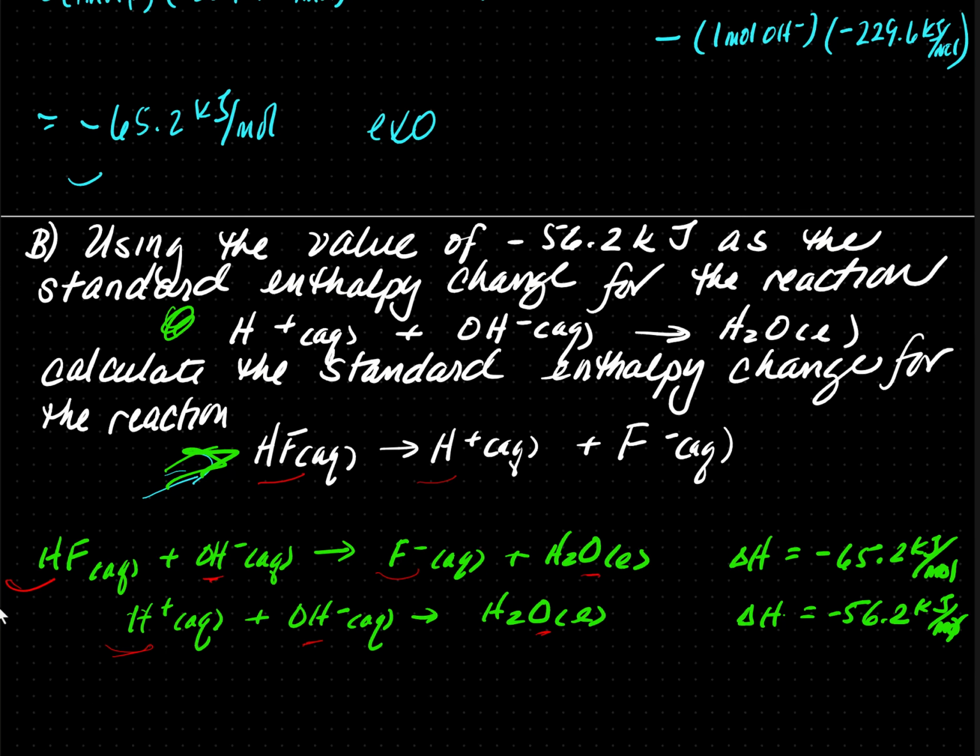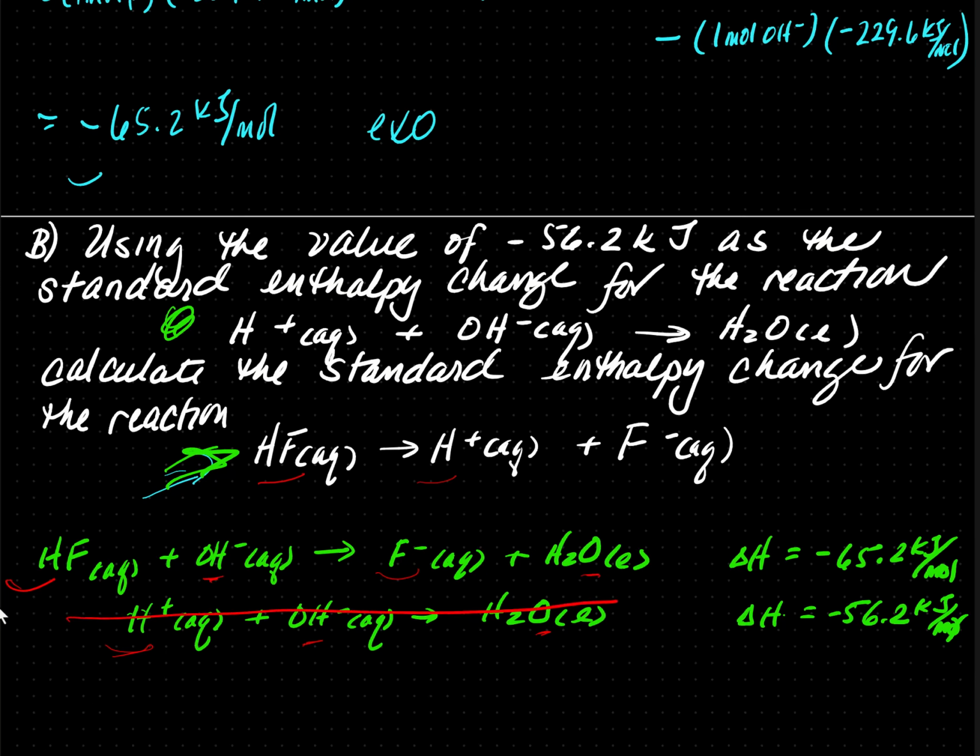To do that, the OH minus must be on the product side to cancel out. Same goes with water. The water cannot be in the overall equation. It needs to be canceled out. We know that the first equation is correct. So that means to cancel out the water on the products, in the second equation, the water must be on the reactant side. So I need to flip this equation.